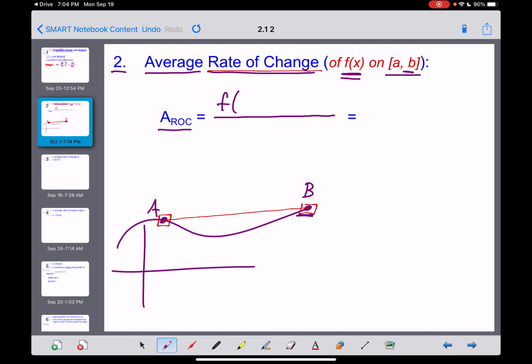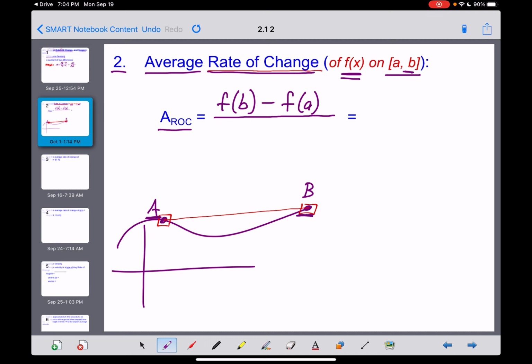So b is the right endpoint of our interval. F of b, therefore, is the y value where this particular journey ends. Minus now the starting y value, which is going to be measured right over here. That y value is going to be f of a. So I'd really like you to think of this as ending y value minus beginning y value.